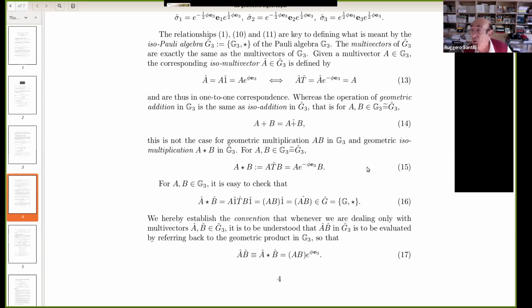In other words, any quantity whose value has to be an element of the basic isofield. Positively, we do not use this basic rule, namely that A hat is equal to the old A multiplied by the isounit, whenever we're talking about matrices or operators.